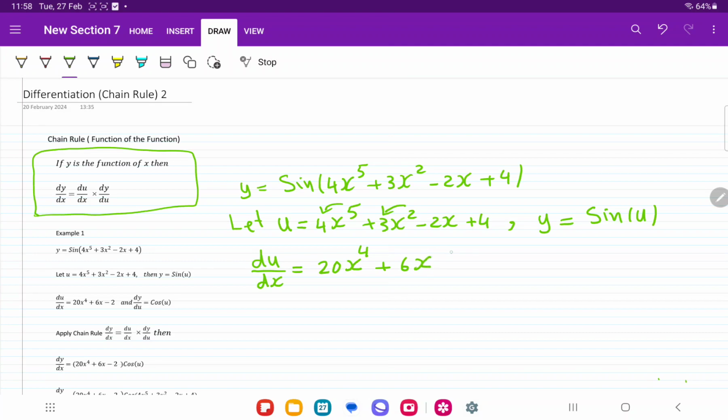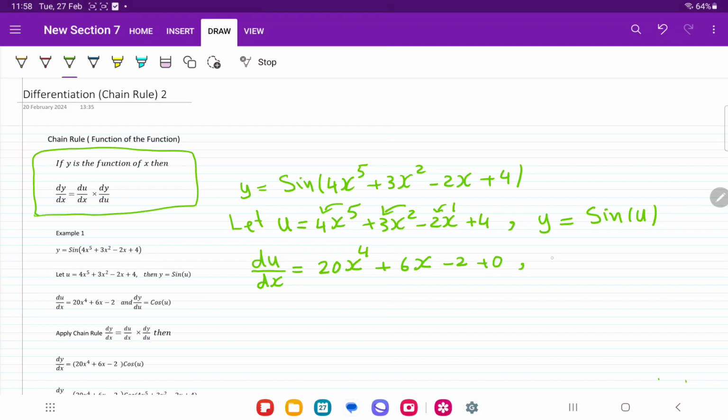When the power is 1, usually we don't write it. The same thing here, there's a 1 here: 1 times 2, minus 2, and the x's will cancel. And the constant number plus 4 will become 0, so usually we don't write it down.